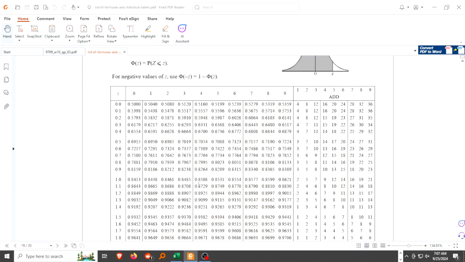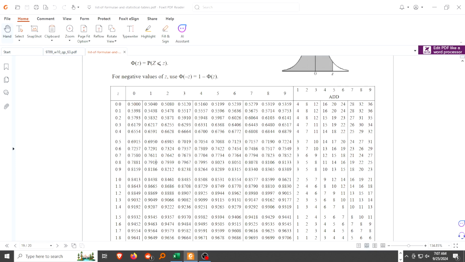So if you want 0.79, we want 0.79 within the body of this table. 0.79 is this, and it's the first 0.79 that we meet.